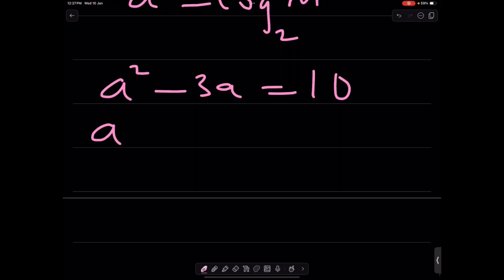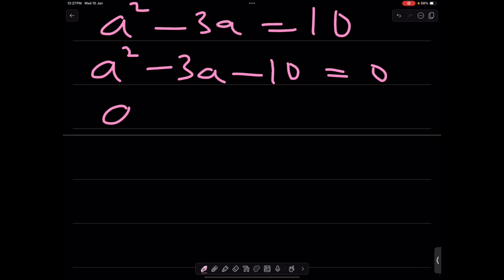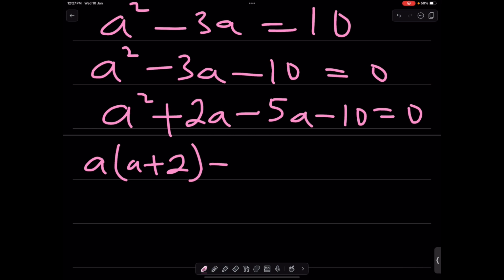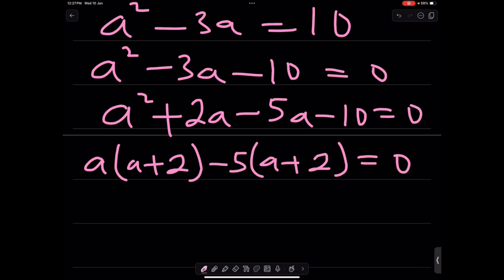And that simply means a squared minus 3a minus 10 equals 0, which we solve by factorization: a squared plus 2a minus 5a minus 10 equals 0, which means a into bracket a plus 2 minus 5 into bracket a plus 2 equals 0.